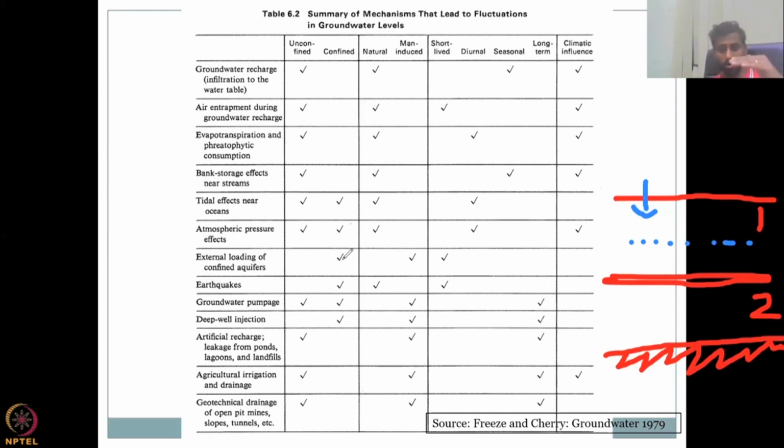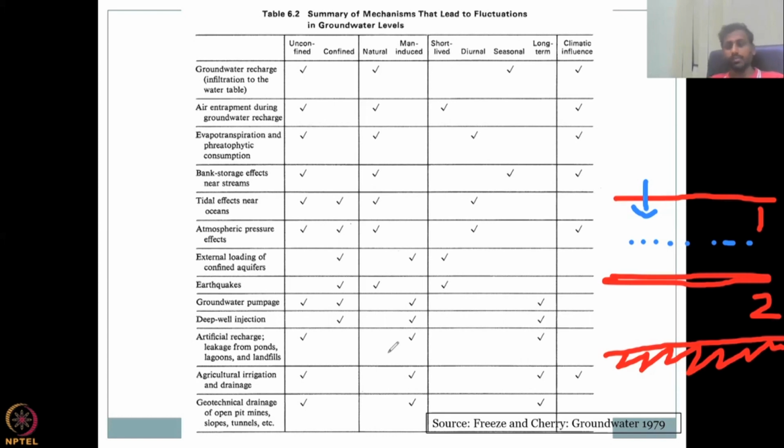It's not a big thing to record, but it is a man-induced part. So that happens a couple of times, then it is because of human-induced causes. It is very, very short-lived. Suddenly you put some loading. For example, you bring a couple of tons of cement and blocks and put it on top of the aquifer. It just pushes your aquifer and suddenly you see a jump fluctuation. There's no climate and other things involved.